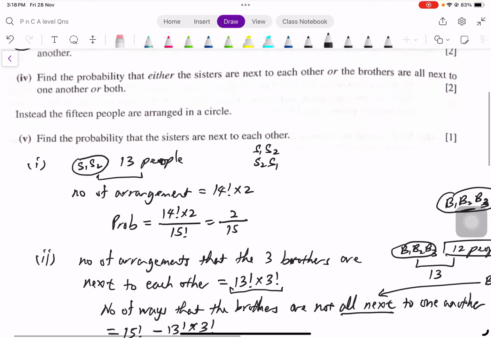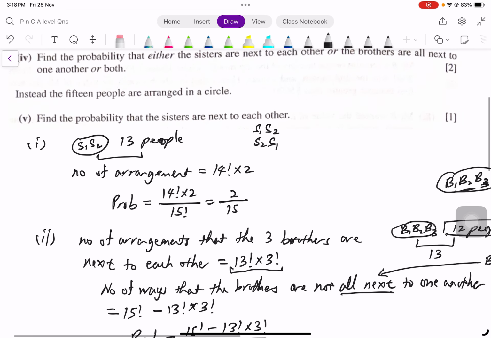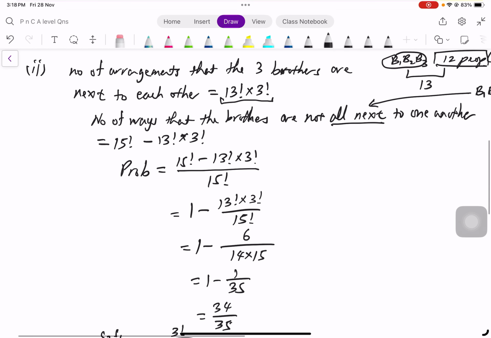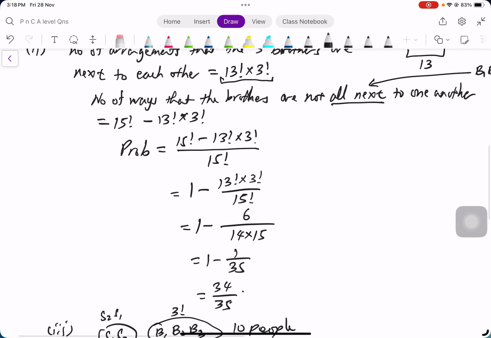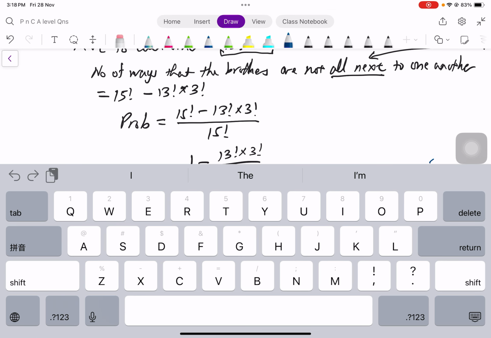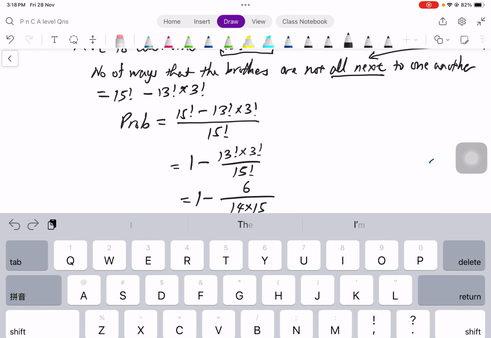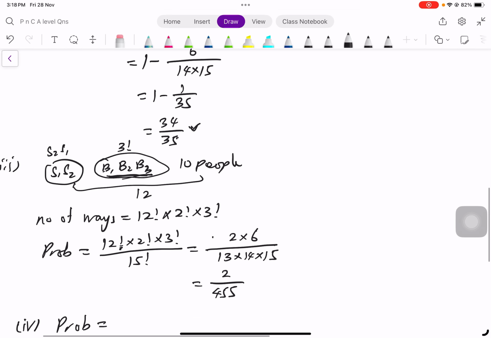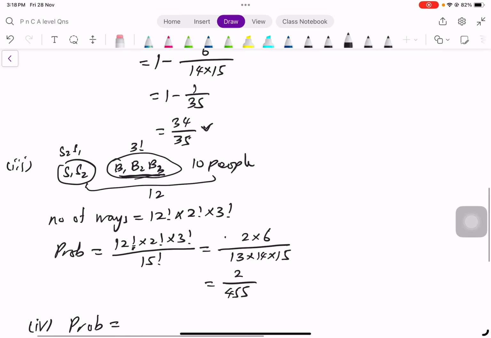When the sisters are next to each other, it is 2 over 15. When the brothers are next to each other, it is 34 over 35. But when you add up these two, there are cases whereby the brothers and sisters are all next to each other.